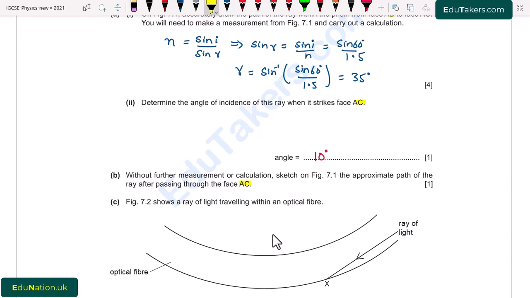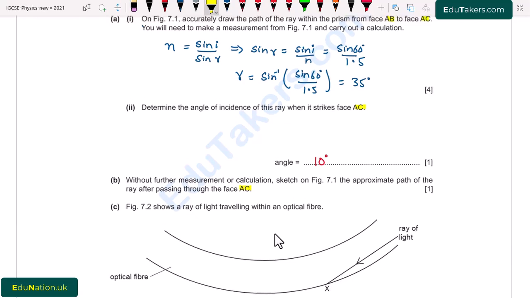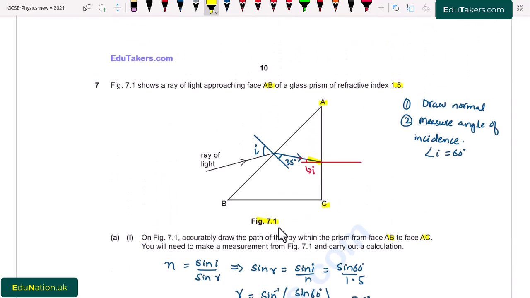Going back to the diagram, we can see that the prism is a denser medium while the outside medium is a rare medium. A rare medium has less density, while a denser medium has a very large amount of density. So when a ray of light comes from a denser to a rare medium, it bends away from the normal.